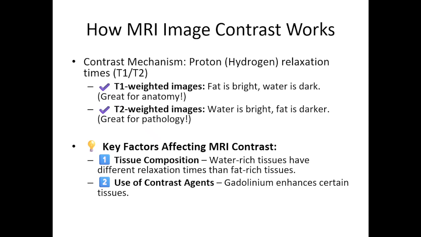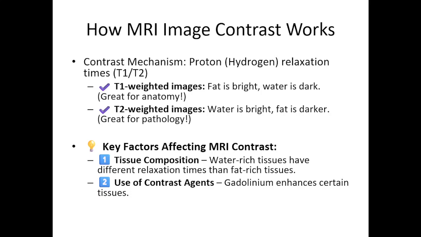Next, how MRI image contrast works. MRI doesn't use X-rays. Instead, it measures how hydrogen protons interact with a magnetic field. MRI scanners typically use a strong main magnetic field, for example 3 Tesla, along with gradient magnetic fields to encode positional information and form an image.